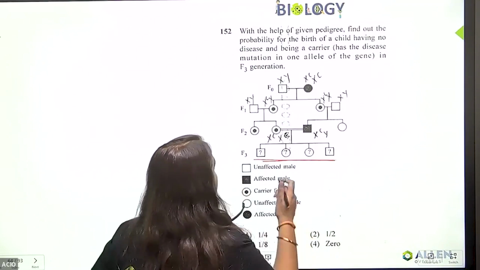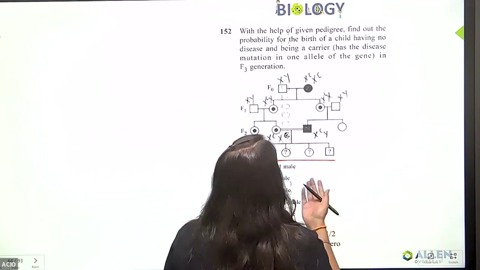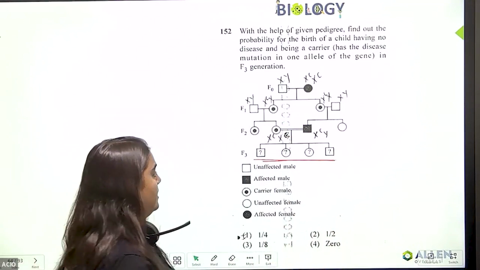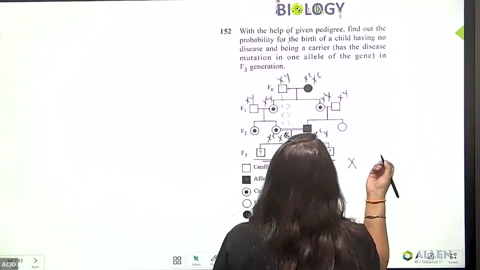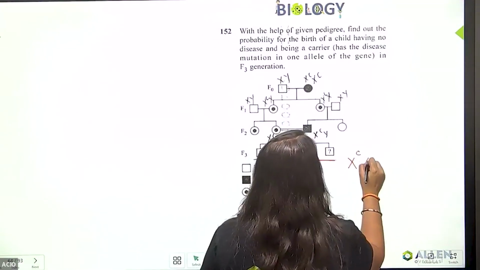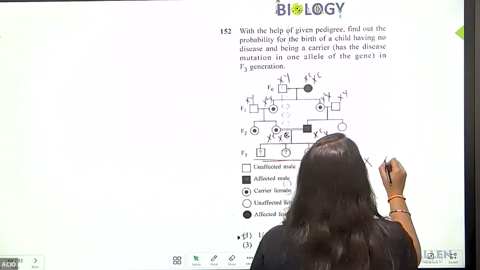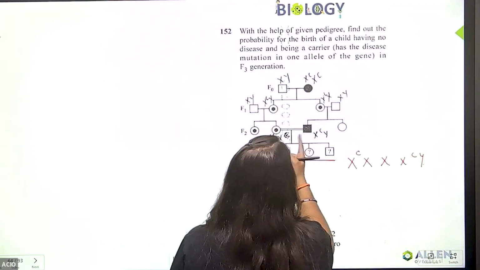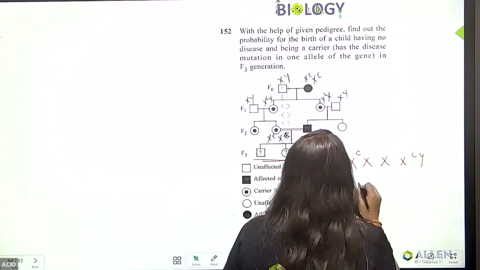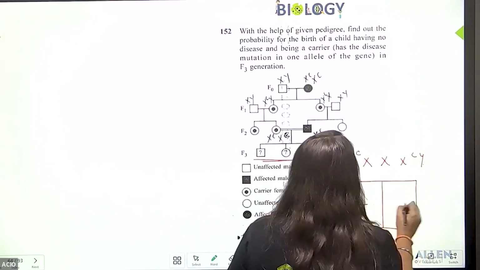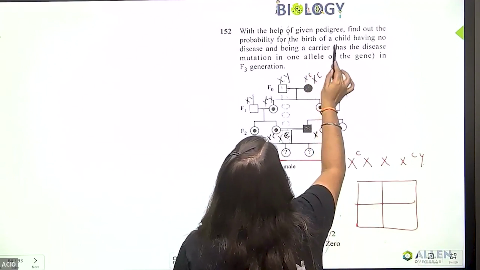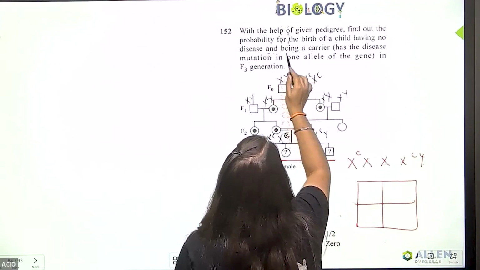Carrier is only possible in a sex-linked disease. Suppose we take the disease as color blindness, the mother is a carrier and the father is affected. So we have to tell the probability for the birth of a child having no disease and being a carrier.